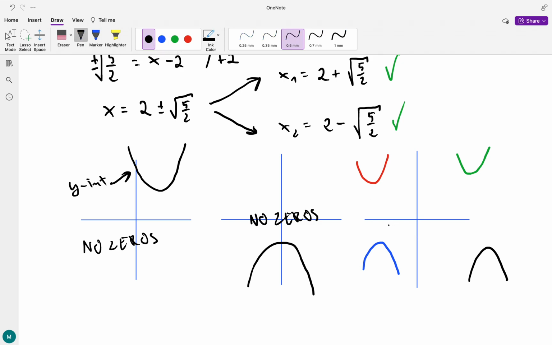And also let me not forget to write no zeros. And trust me, if you're dealing with one of those, when you're looking for zeros, you'll find out that it has no solution, that such zeros do not exist.